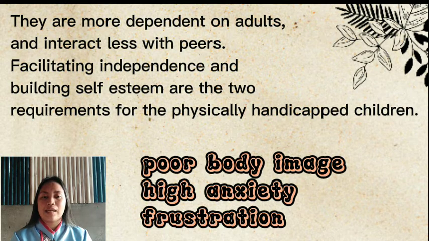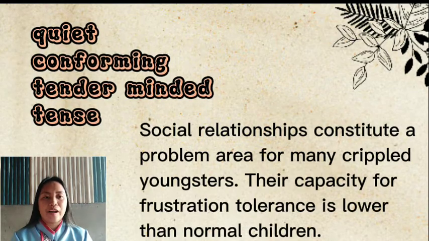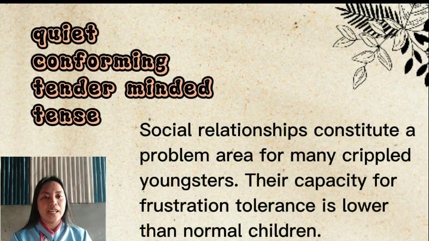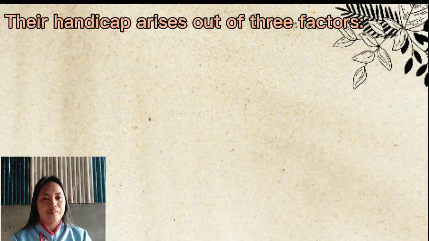The physically disabled have poor body image, high anxiety, and frustration. They are found to be quiet, conforming, tender-minded, and somewhat tense. Social relationships constitute a problem area for many crippled youngsters. Their capacity for frustration tolerance is lower than normal children.